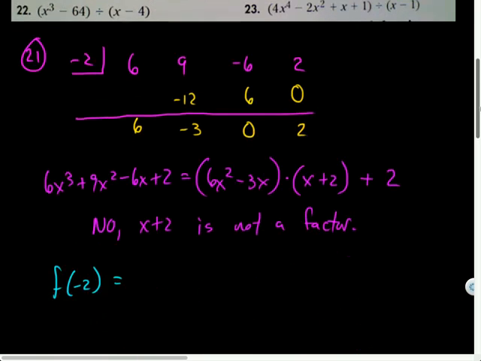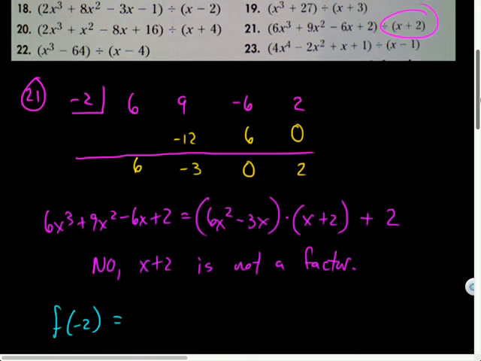So let's see, for problem 21, if I asked what is f of negative 2, what would you tell me? It's 2, right? It's just equal to the remainder.